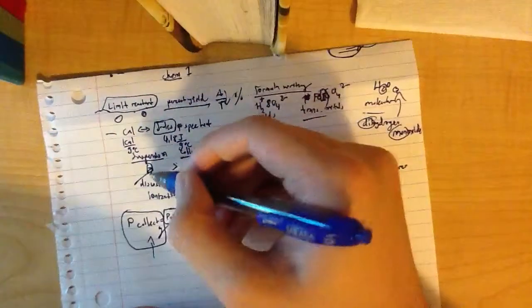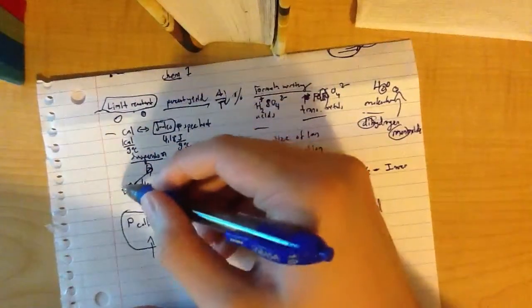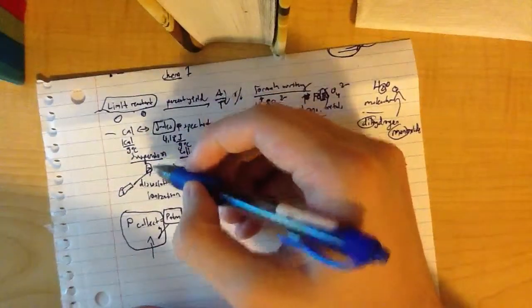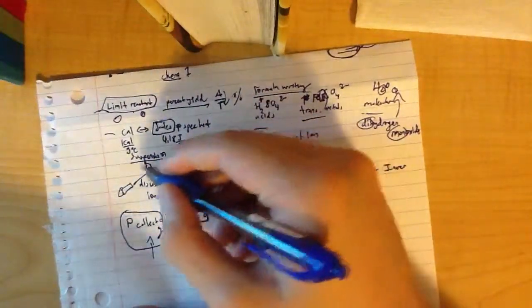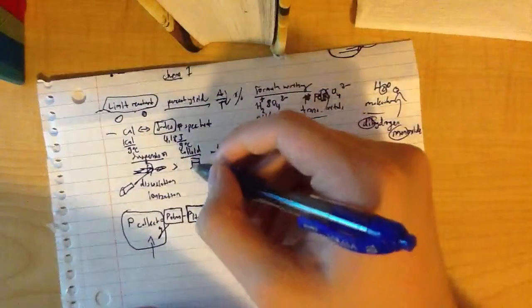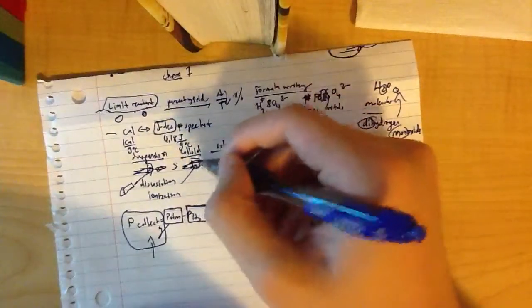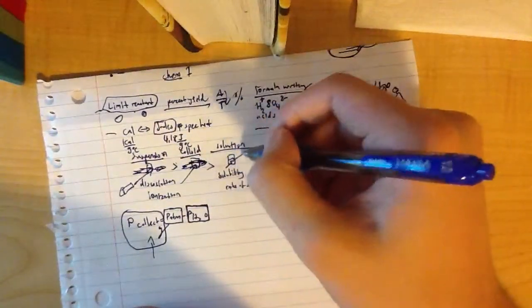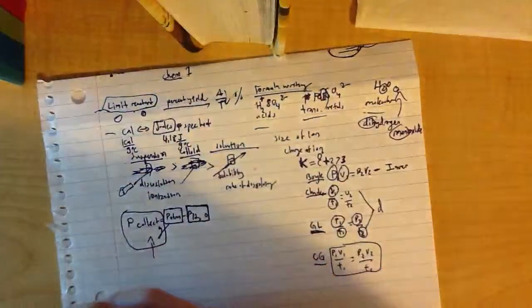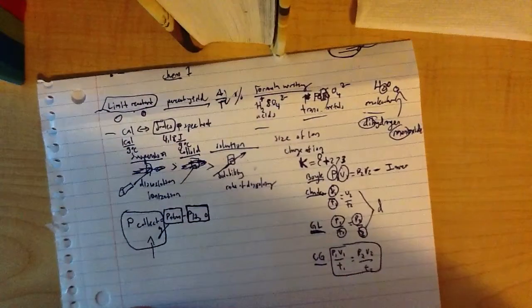You just shine a light through, like a laser beam, and suspension, it should diffract the light. Colloid, it should also diffract the light, scatter it. For solution, it just passes straight through because it is all intact. So basically, that is it for that.